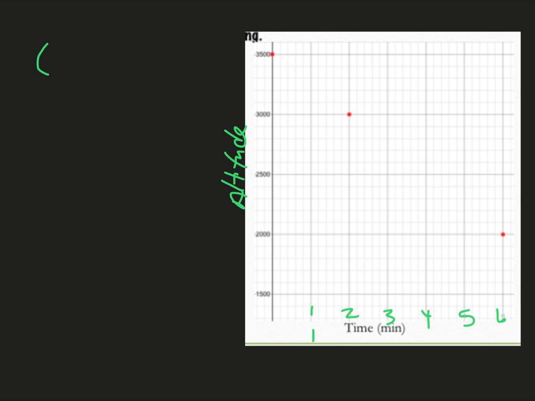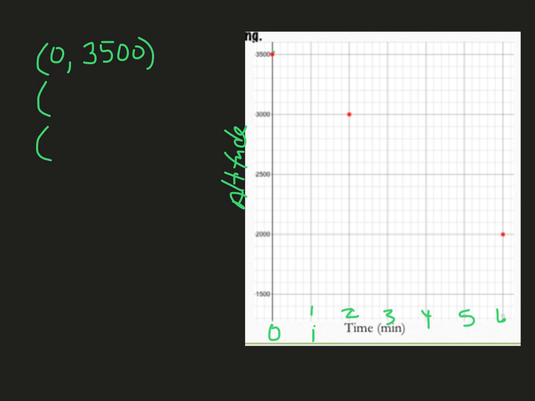Okay, so let's look at your ordered pairs. Starting off at 3,500. So that's at 0. So my X is 0, my Y is 3,500. That is the altitude of the airplane. So then that was at minute 0. So at minute 1, we don't know.